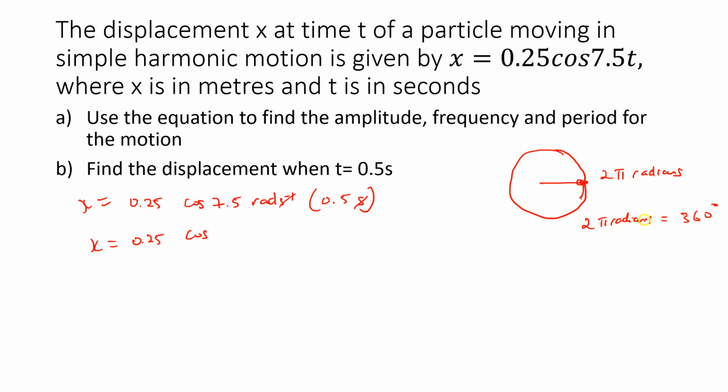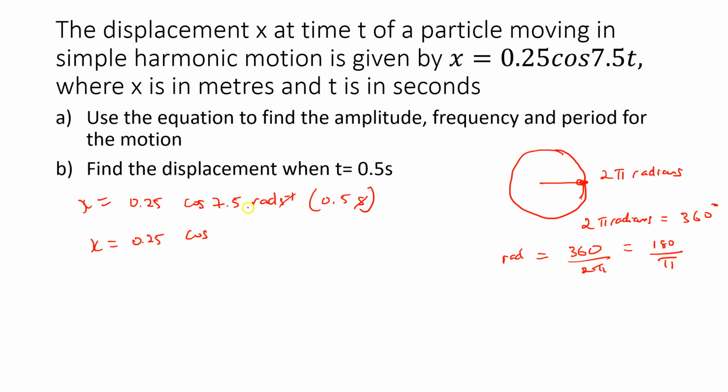What if I want to know what 1 radian is equal to? I can make radians the subject. So 1 rad is equal to 360 divided by 2 pi, which is saying that 1 rad is equal to 180 divided by pi. That's what 1 rad is.